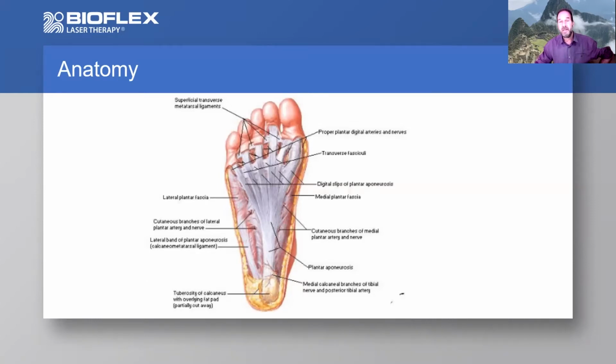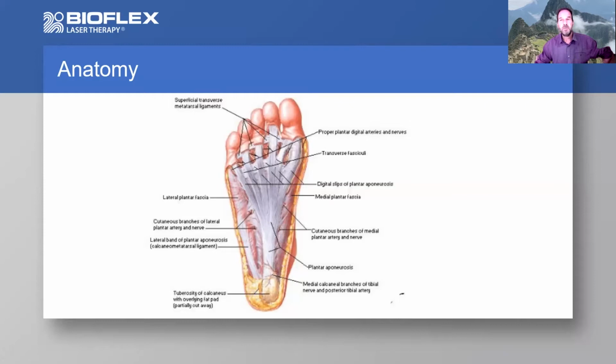And then it starts to fan out, as you can see in the diagram here, and it inserts into the distal portion of the foot, into tendons. By doing this, it provides a certain degree of shock absorption and rigidity to the foot.